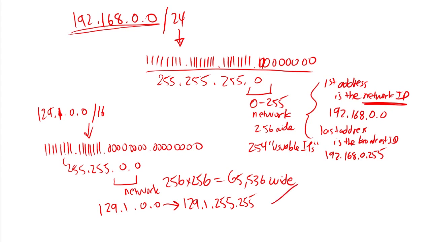And our first address is the network ID, so 129.1.0.0 can't be used. And the last address is a broadcast, which is 129.1.255.255, and that can't be used either.